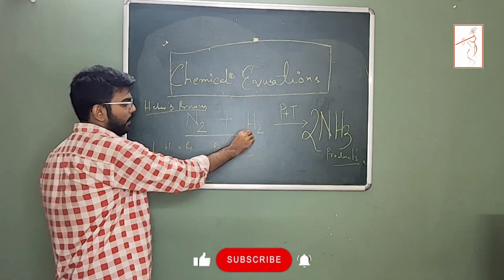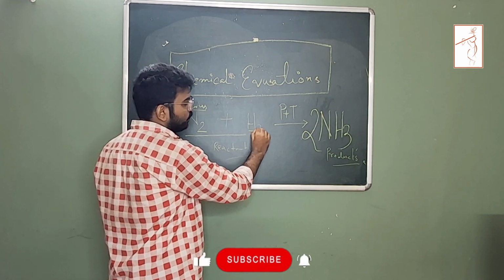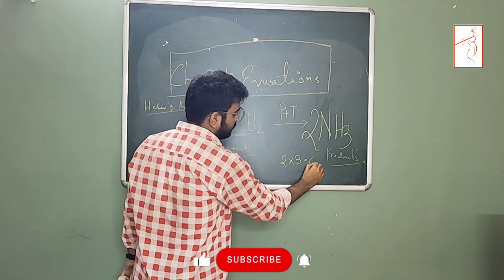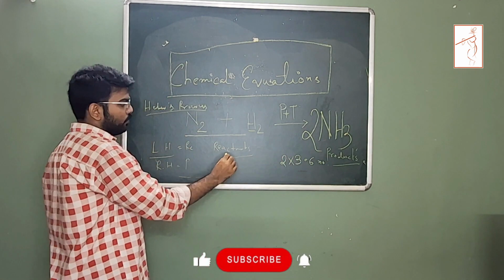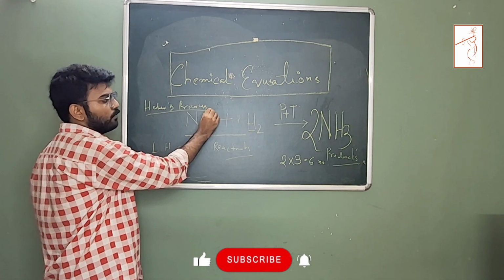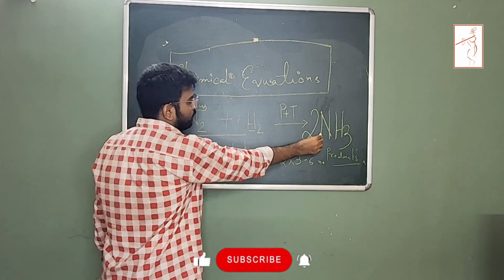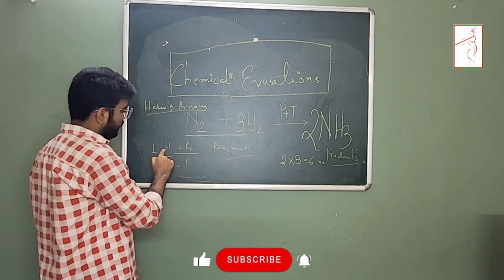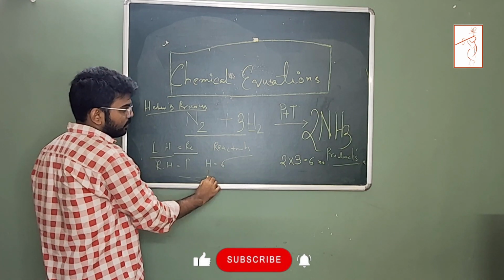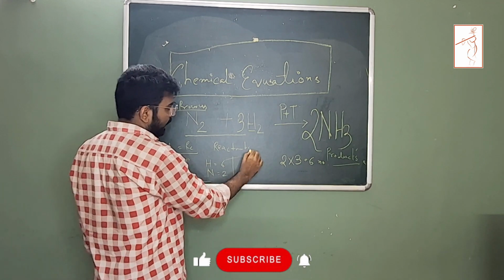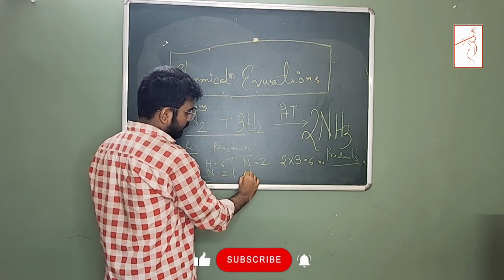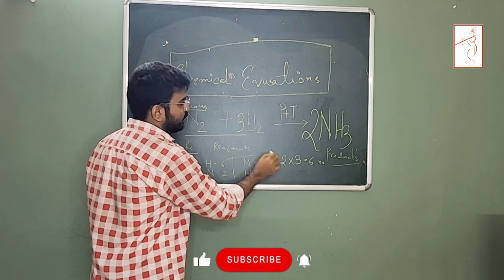But for hydrogen it is 2, and here it is 3, so 6 in number. So on the left-hand side, to obey the conservation of mass law, we write 3. So on the left-hand side there are 6 hydrogen and 2 nitrogen, and on the right-hand side there are 2 nitrogen and 6 hydrogen present.